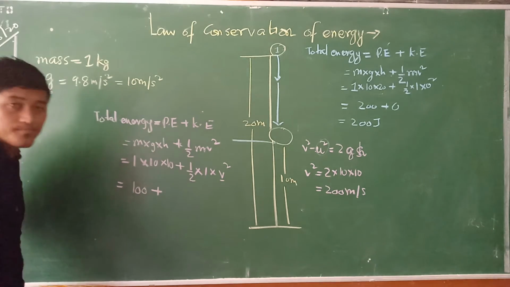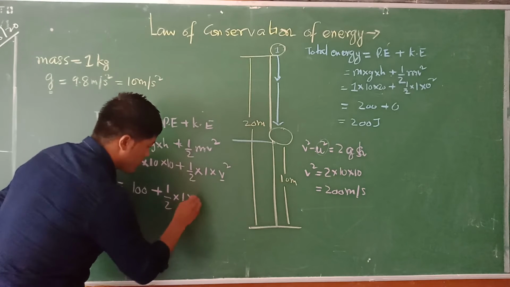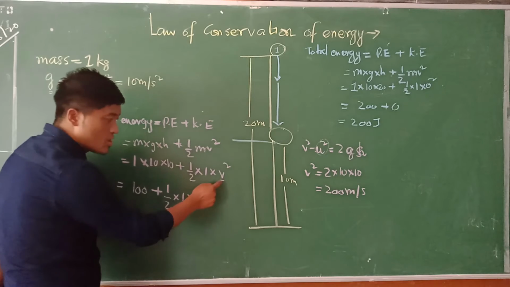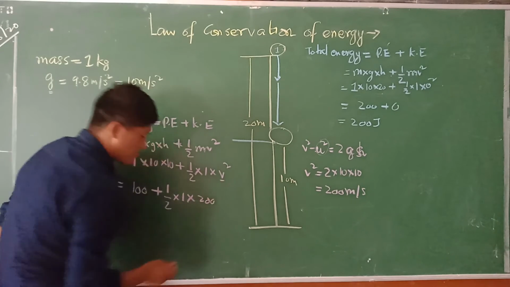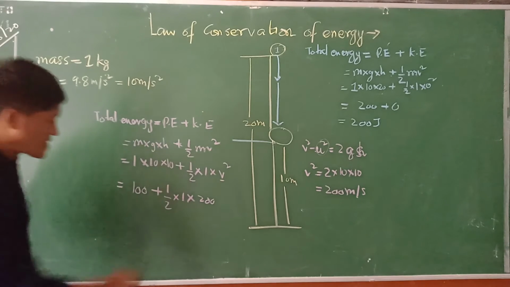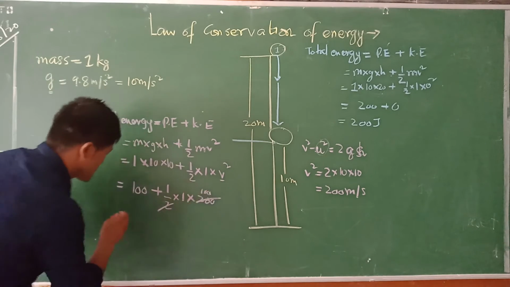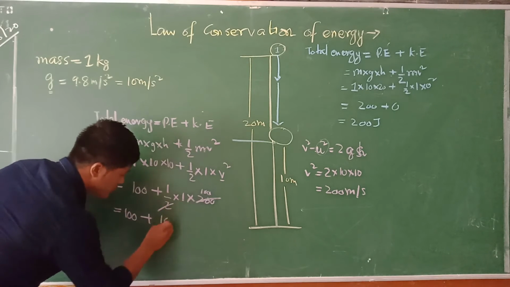When you multiply all these three, what you will get? 100 plus, okay, half into 1 into, for v square the value is 200. So instead of writing this v square, I can write 200 here. Understand? So I can cancel this. I will get 100. So again I will get 100 plus 1 into 100, 100.